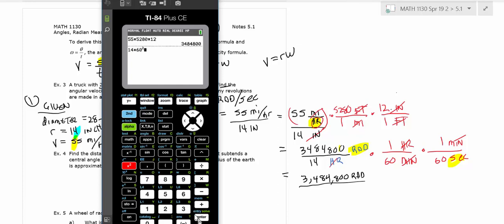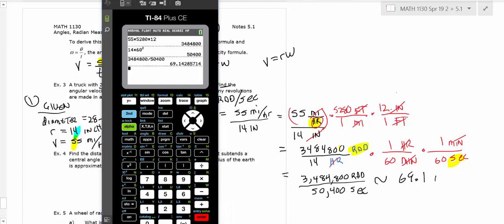I'll just square the 60 like that, and that'll give 50,400. I'm left with seconds. Now I can just divide those two numbers. So I've got 3,484,800, and then I'm going to divide that by 50,400. All right, and that will give an answer of about 69, I'll just use 1 decimal, radians per second.